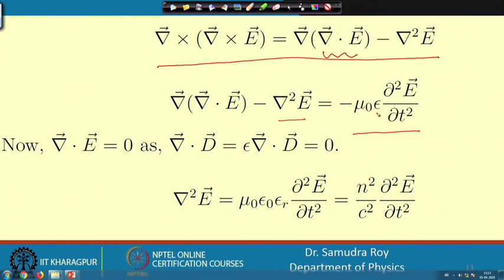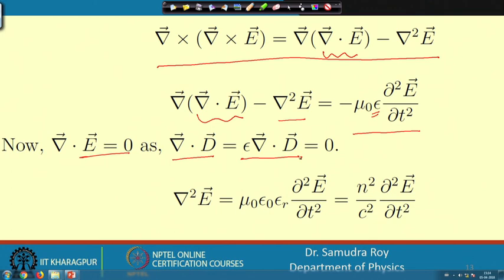The only thing is that there it was epsilon 0, now it is epsilon because of the presence of the medium. Again, this quantity is 0 because there is no free charge available.